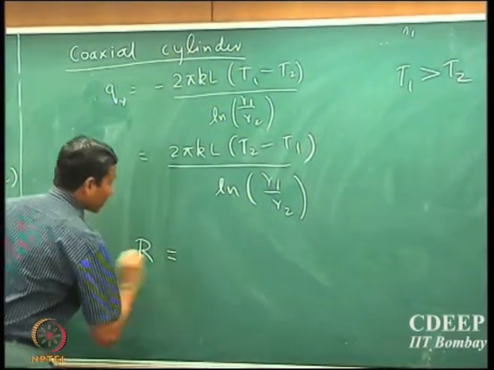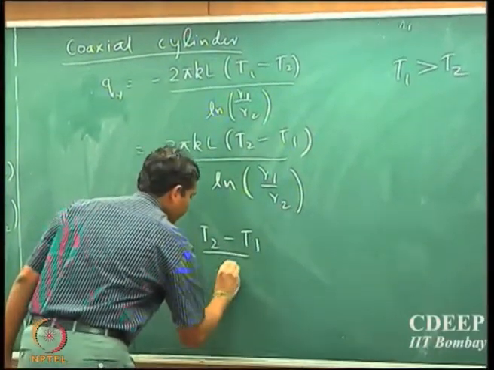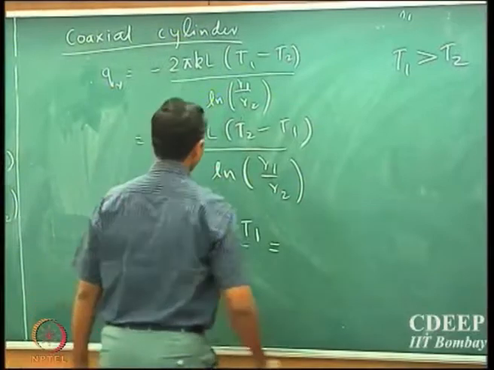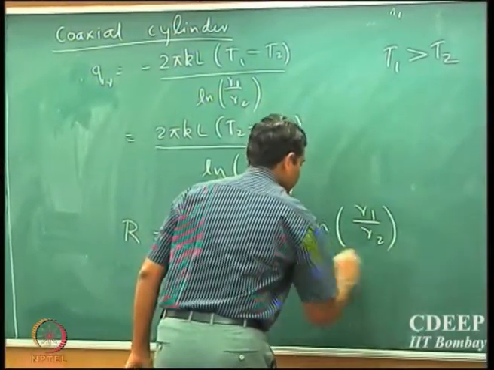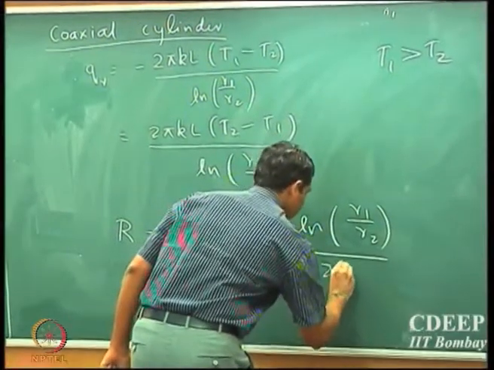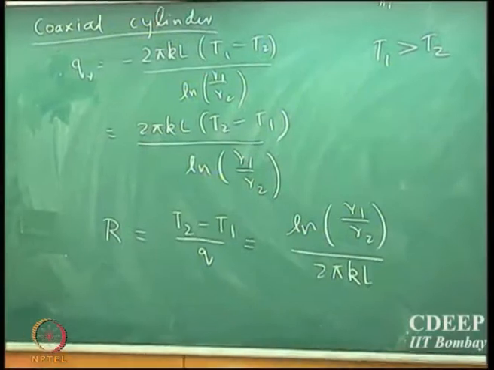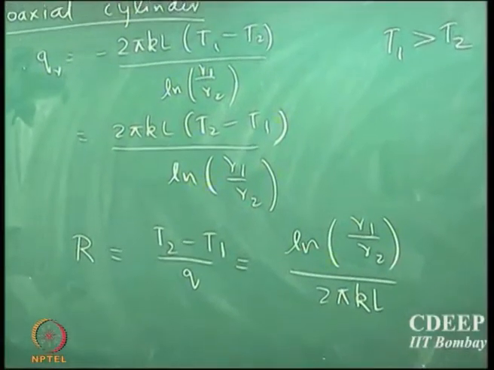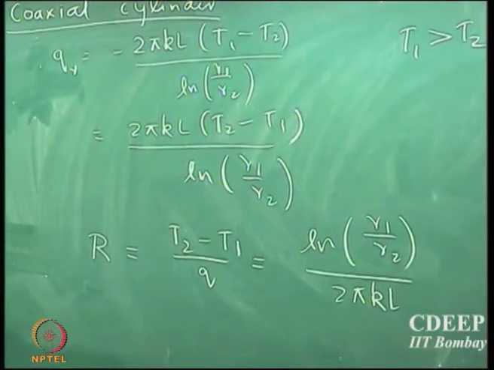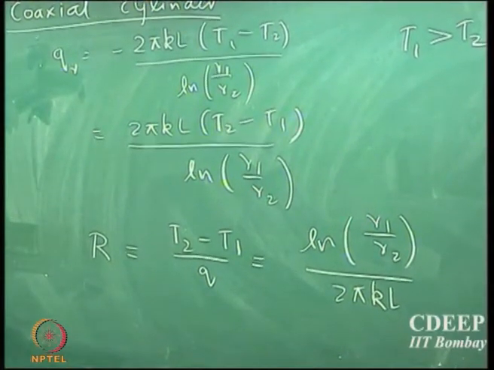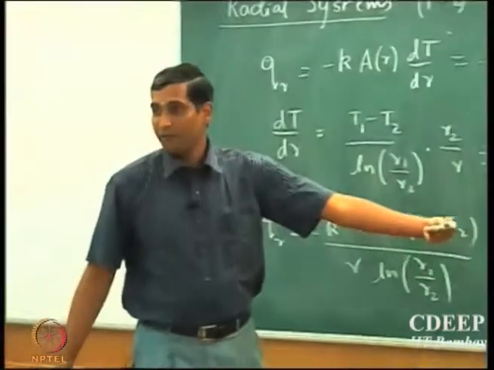So resistance is given by, let us say, (T2 minus T1) by Q, and so that will be ln(R1 by R2) divided by 2 pi k. So that is the resistance offered by the solid wall for heat conduction in the cylindrical system.